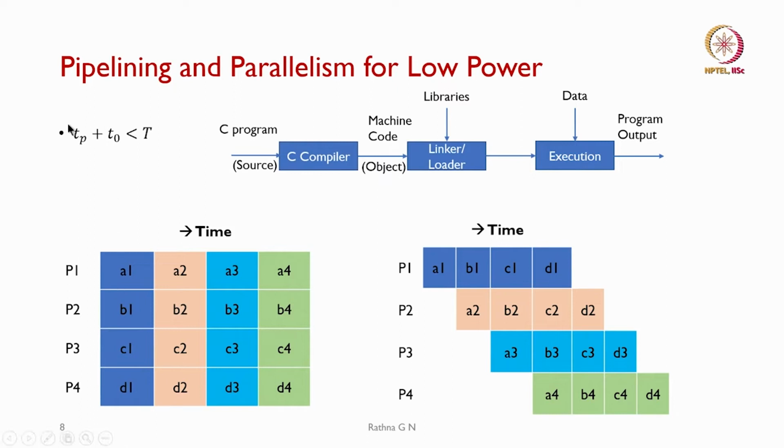So we know our typical computation time: TP is my computation time, and T naught is for whatever IO operations I have, and together it should be less than or equal to T. For most applications, TP has to be approximately 40% of the time I will be getting.